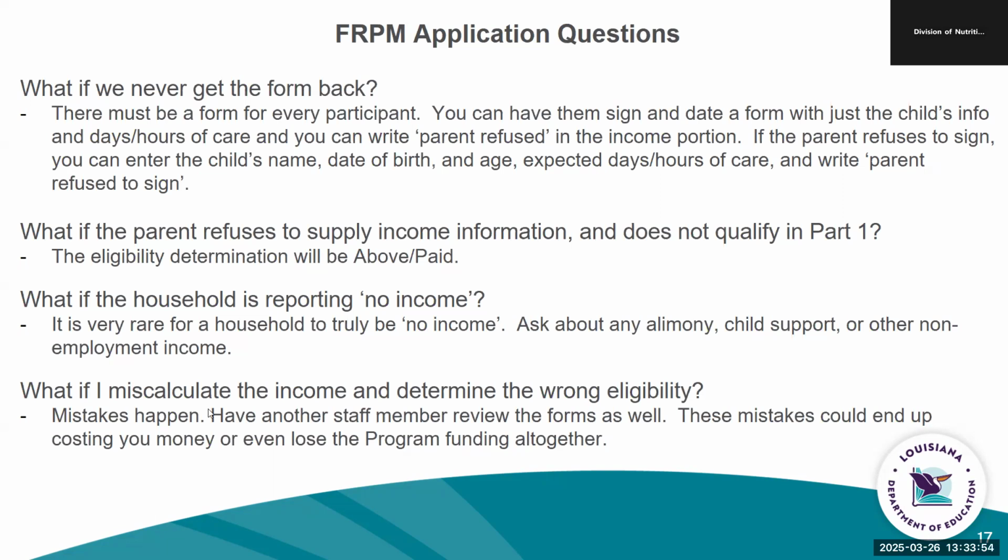So if you miscalculate and you determine the wrong category, hey, mistakes happen. We understand. You will just have them update the form and initial the changes. Or say, for instance, they have a change in their income. You guys know your parents, and it's wonderful. If mom has another baby, that adds a member to the household. That could very well take a child from being above paid down a category.